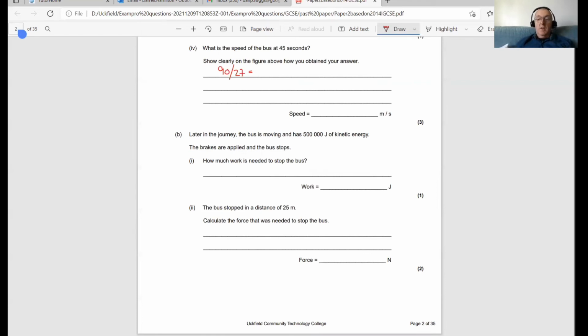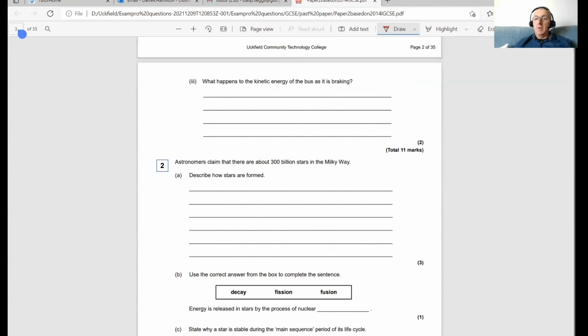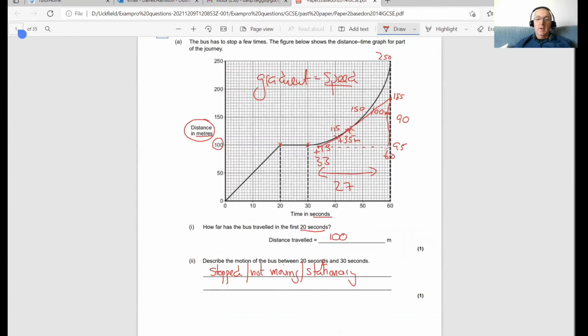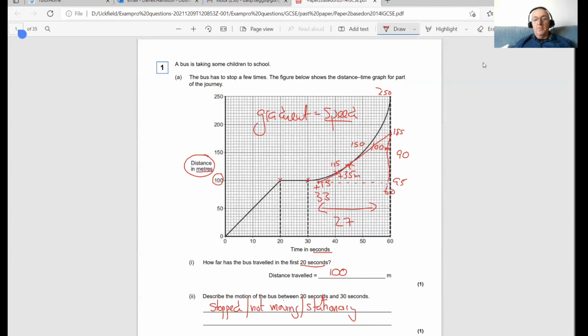Now, the answer is a bit rough because I haven't used a ruler, because it's just not very easy for me to do with my tablet. But the thing to do here is to put your ruler on the page so that the line you draw just touches at 45 seconds.